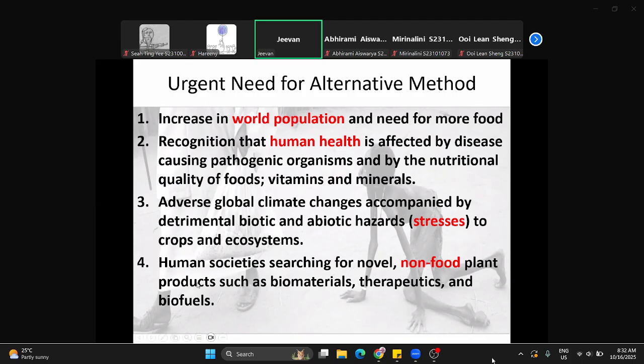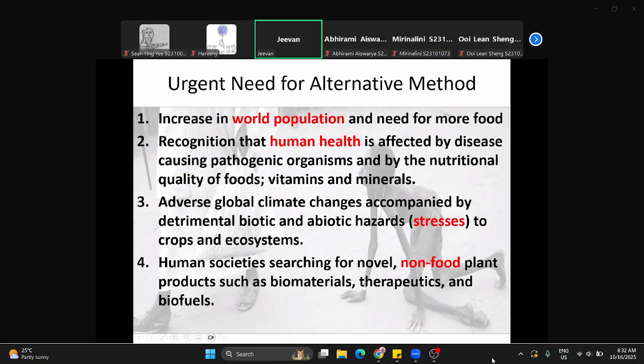And then lastly, number four, human societies are continuously searching for new non-food plant products. Normally we see agriculture as developed for food, right? But for a very long time, we have seen that it can also be used for non-food purposes, such as biomaterials, therapeutics, medicines, biofuels, or even in industries such as the building industry.